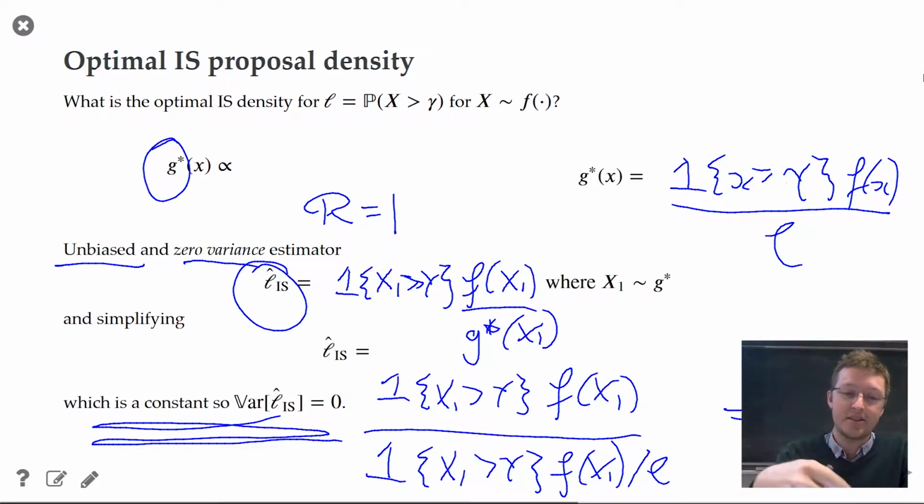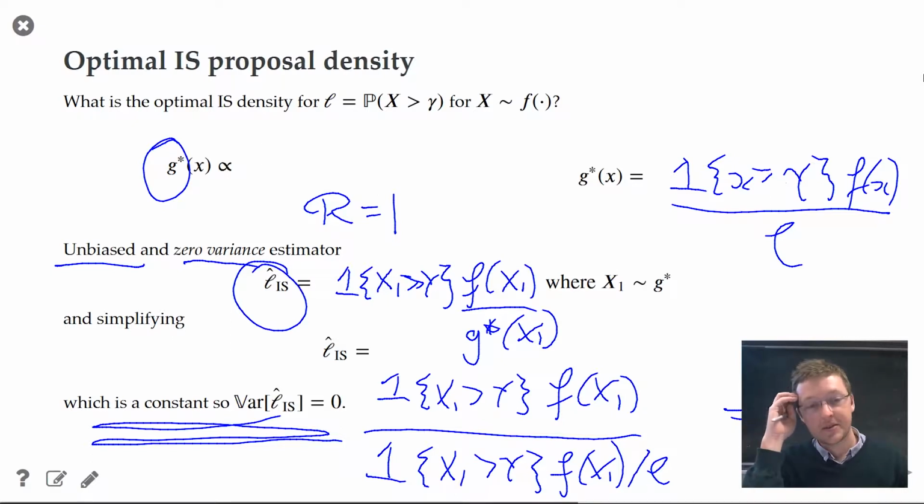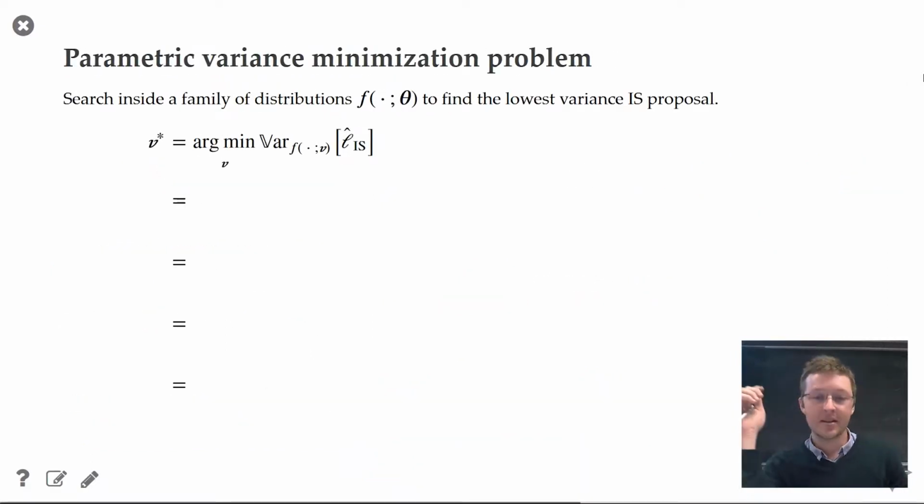We saw that there's this one here, which is a theoretically perfect optimal density, which I've been calling g star, but you can't in practice use it because you need to know the thing that you were trying to estimate to use it.